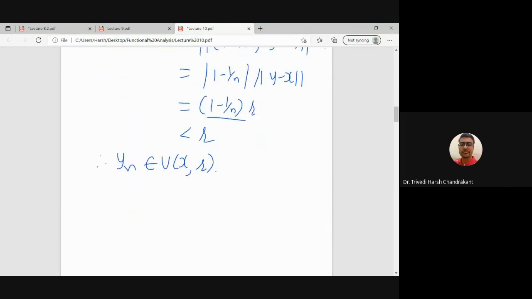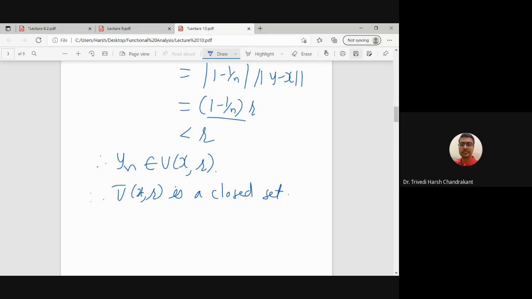So that will give us that the set we defined is a closed set. So basically every point is a limit point, and all limit points will anyway be inside that set. So that is used here. So therefore it is a closed set.